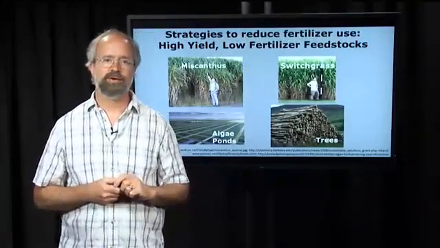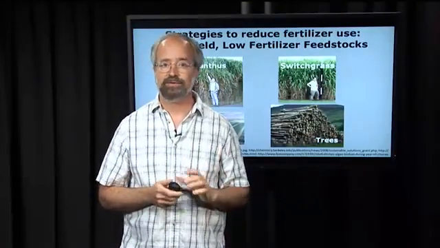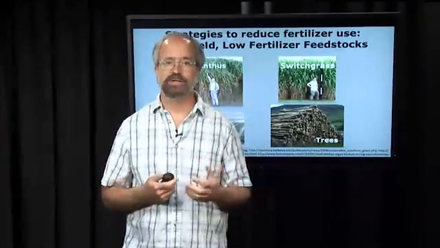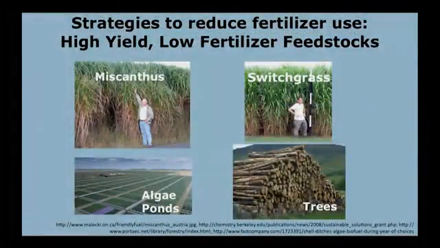So the question is, how can we reduce our fertilizer use or recycle those nutrients more efficiently? I'm going to point out a couple of strategies to do that. One is to use plants that have very high yield under low fertilization. As I mentioned in the beginning, some crops just need lower fertilizer levels to achieve similar biomass yields.